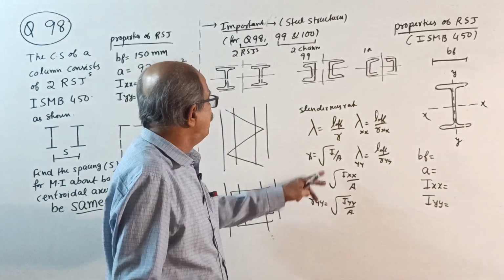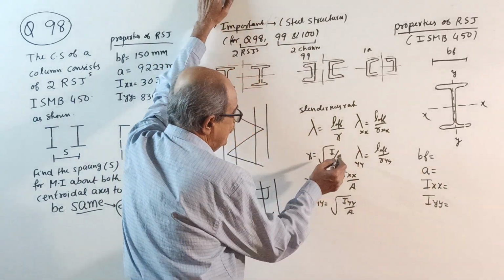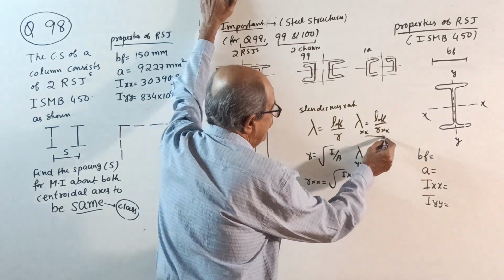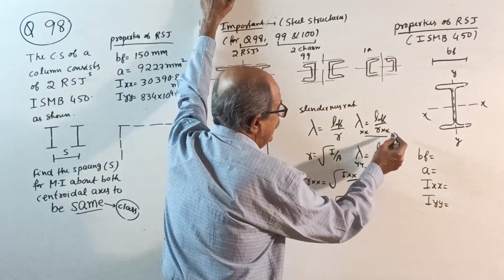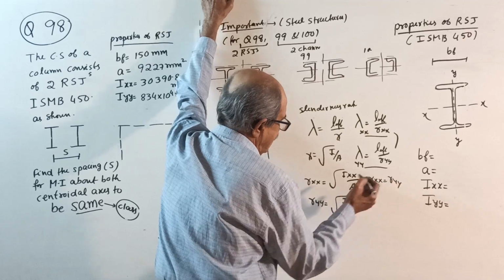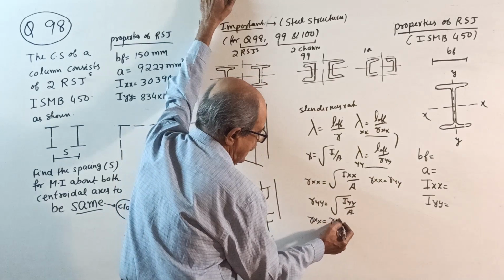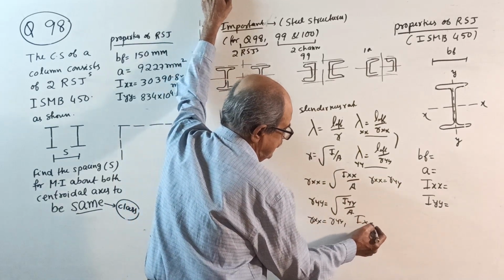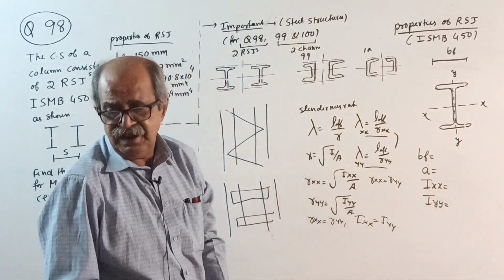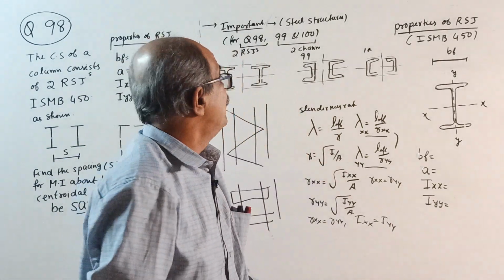For lambda about XX equal to lambda about YY, your rXX should be equal to rYY. And for rXX equal to rYY, IXX should be equal to IYY. All this you will be studying in steel structures, not here. I am just telling what is going on, that's all.